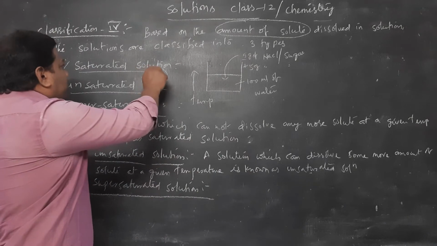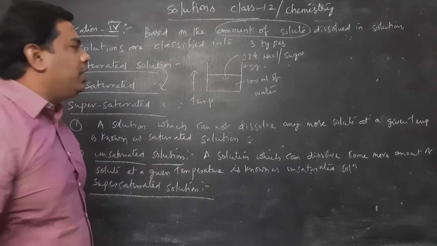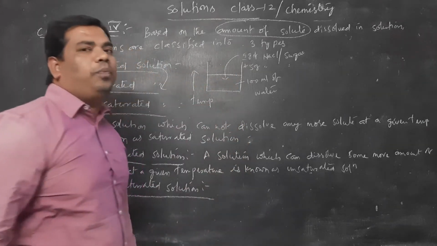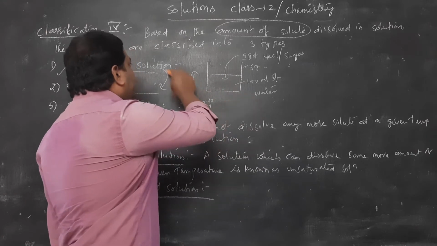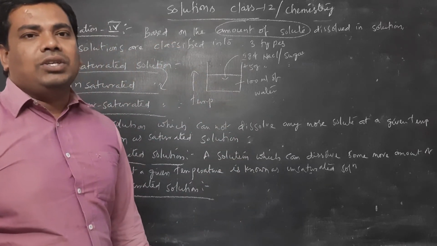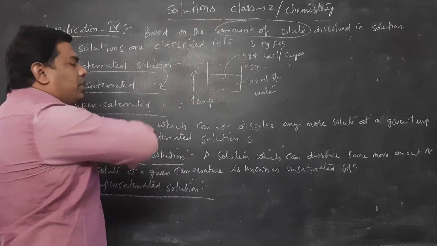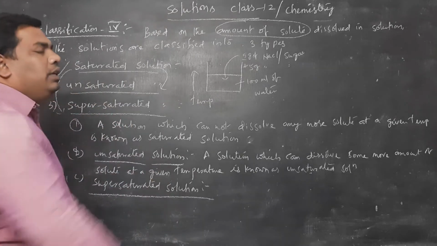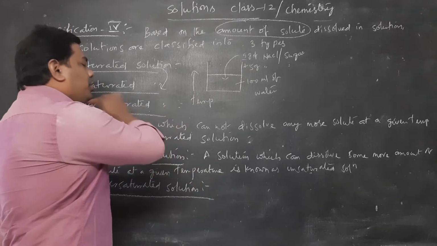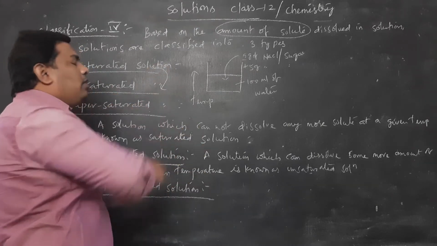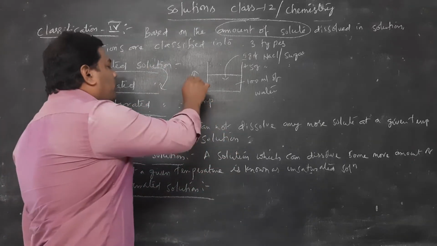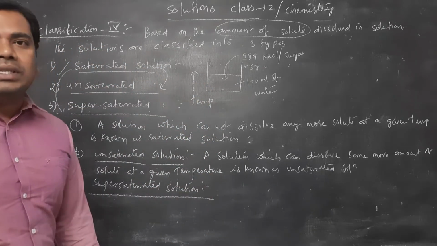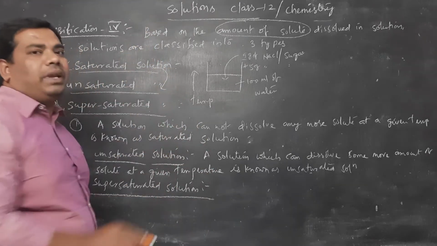When we increase the temperature of the saturated solution, some more solute particles dissolve in this water, so we call it an unsaturated solution. The saturated solution can be converted into an unsaturated solution when we increase the temperature, but it can be converted into a supersaturated solution when we decrease the temperature upon cooling.